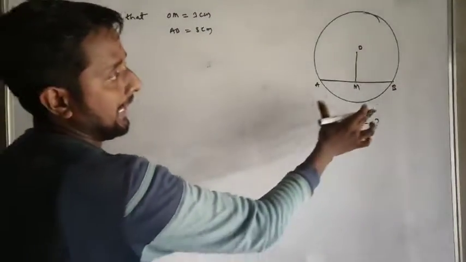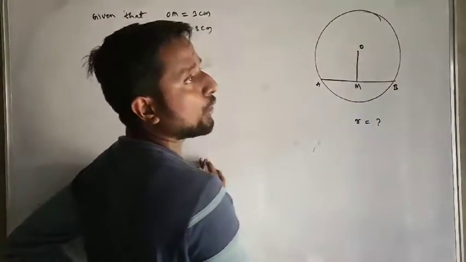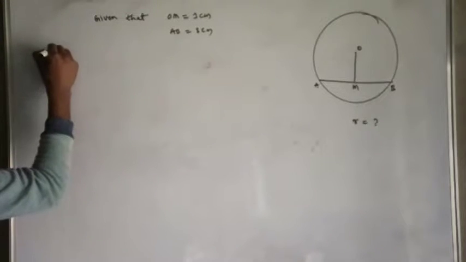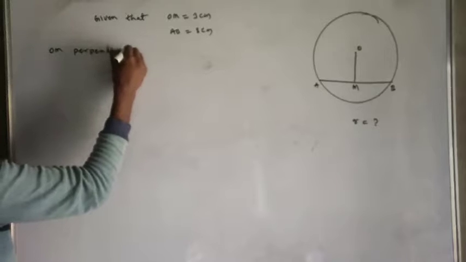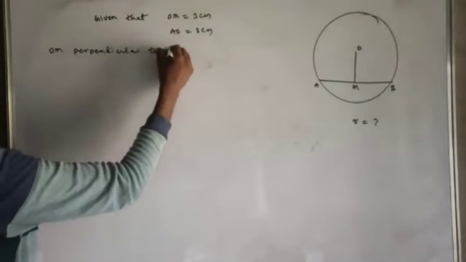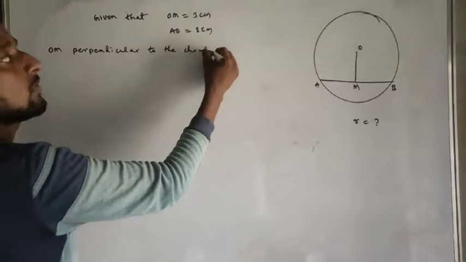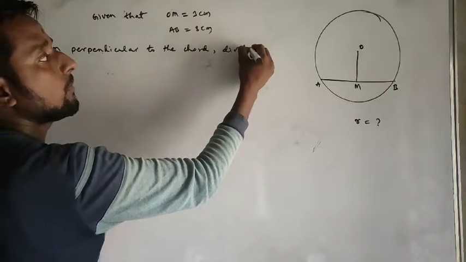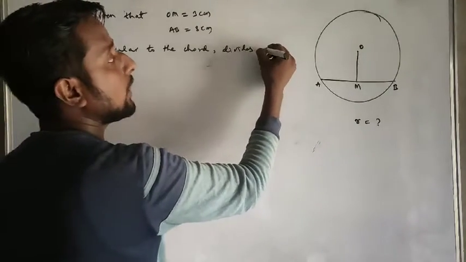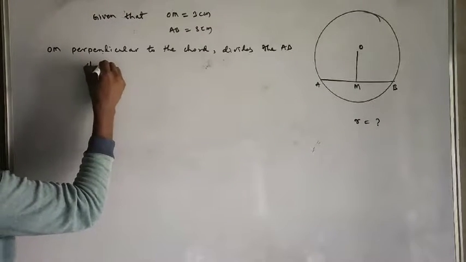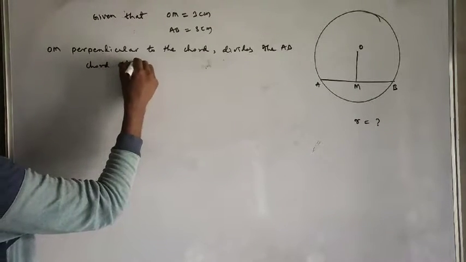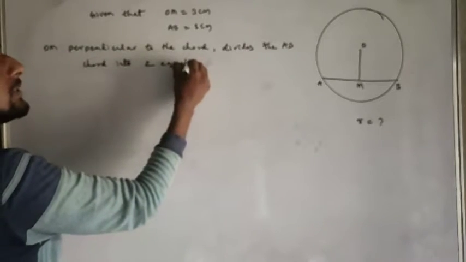So look, AB is a chord and OM is perpendicular to the chord. A perpendicular drawn from the center to the chord divides the chord AB into two equal parts.